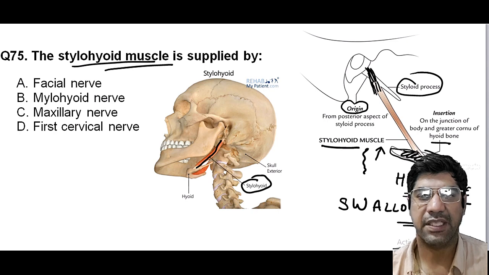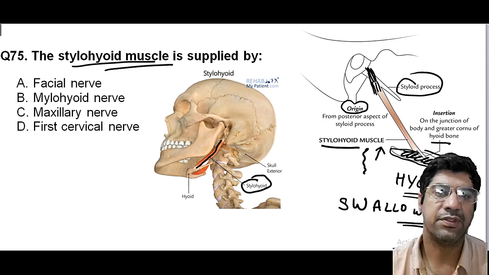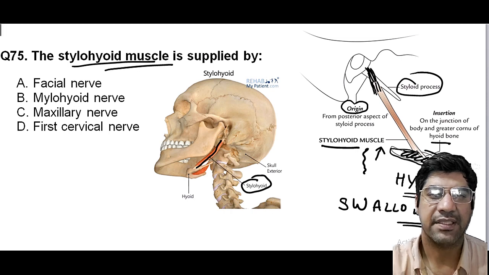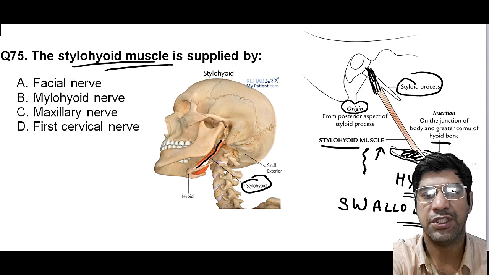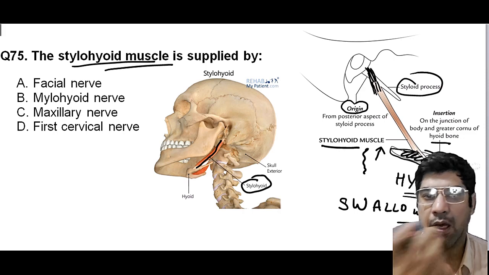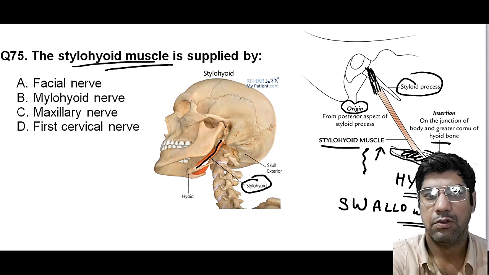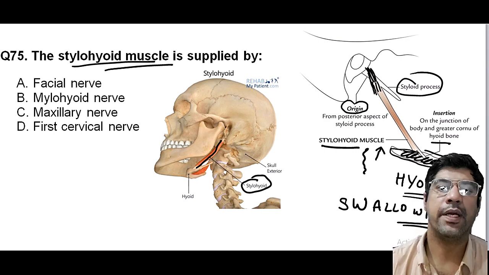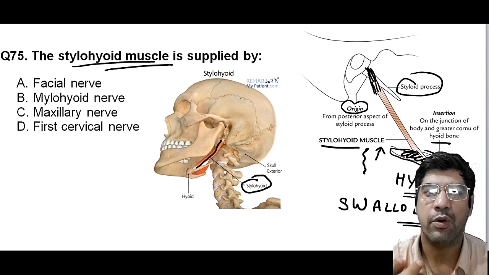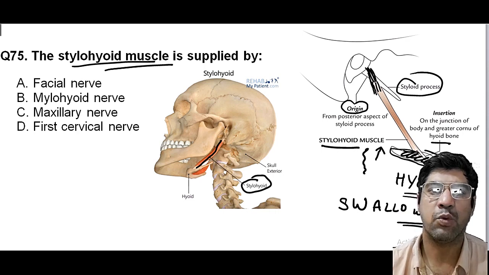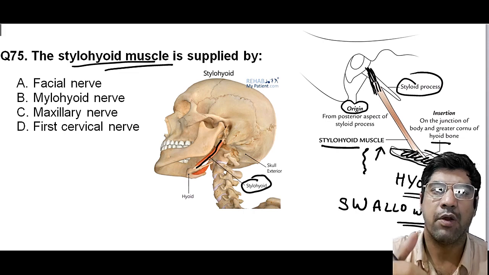It also helps in speech. When you speak, especially during certain sounds like Y, SH, the stylohyoid muscle plays a role in controlling the position of the hyoid bone, and it is important for articulating the sound. Similarly, as you enjoy a delicious sandwich, as you take the bite and start to swallow, your brain will send a signal through the facial nerve, stylohyoid branch, to contract the stylohyoid muscle.